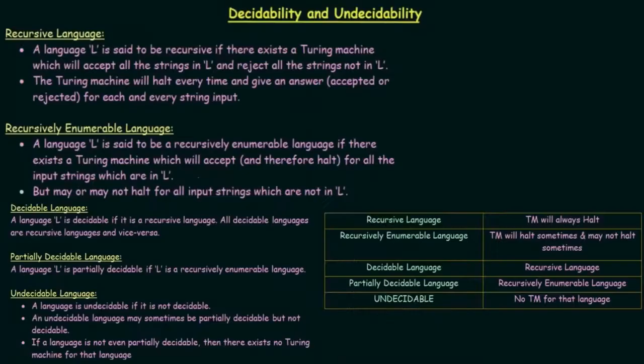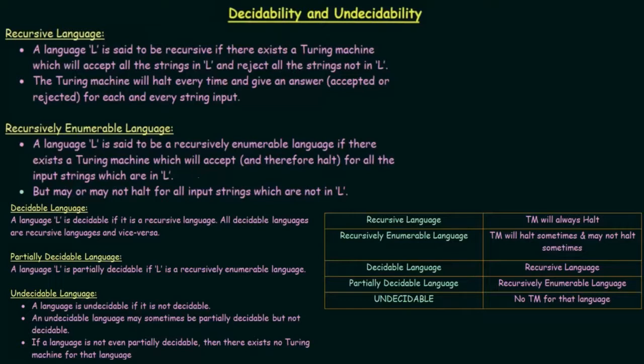So, decidability and undecidability: we have talked a little bit about this in our previous slides, but let's get a clear picture of what is decidable and what is undecidable. Decidable means you can either accept or reject it, so there is going to be a particular outcome for everything: either it is accepted or rejected. Undecidable is a recursively enumerable language.